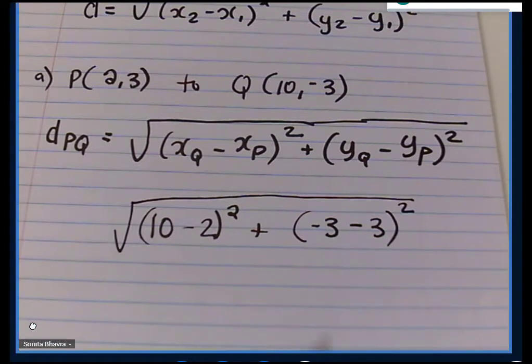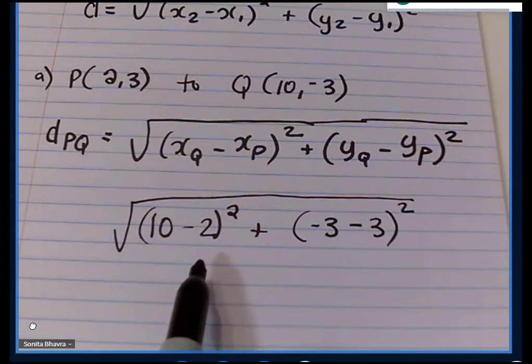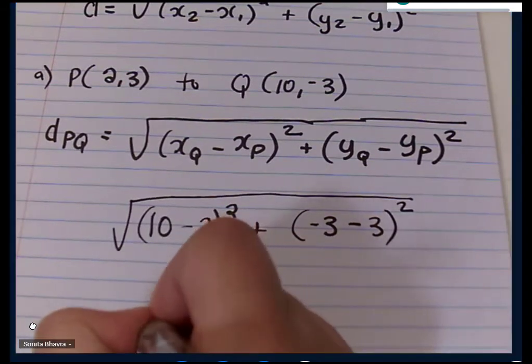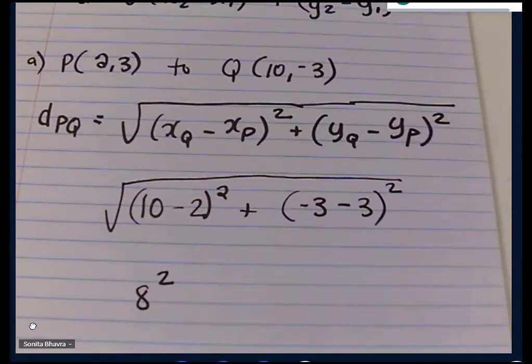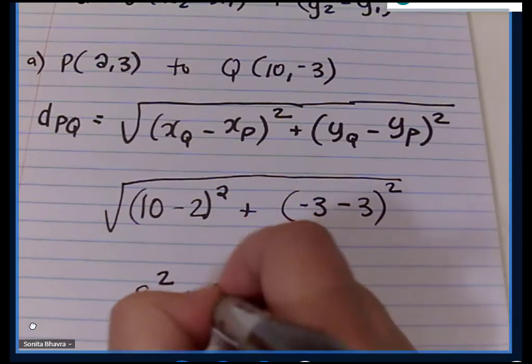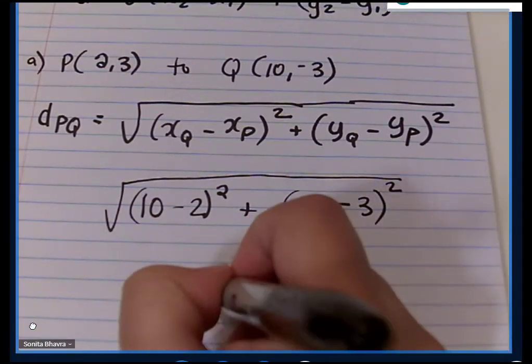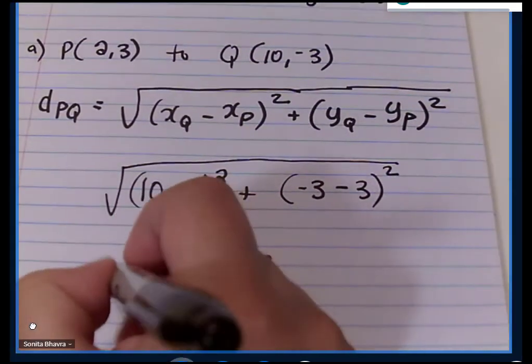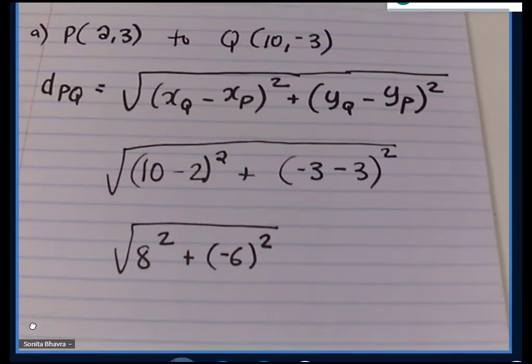All right, so 10 minus 2 becomes 8 squared. And then negative 3 minus 3 becomes negative 6 squared. And don't forget, it is still all under that square root sign.